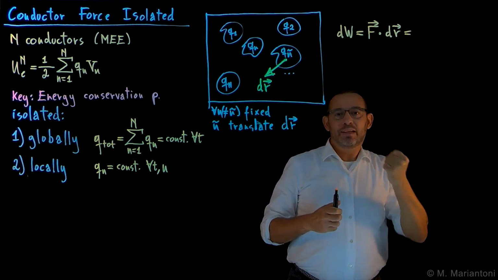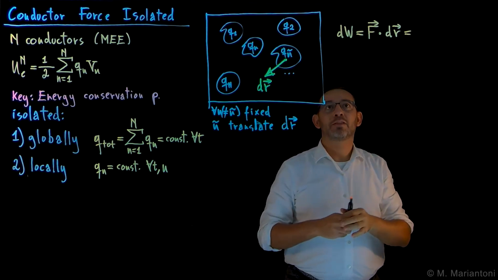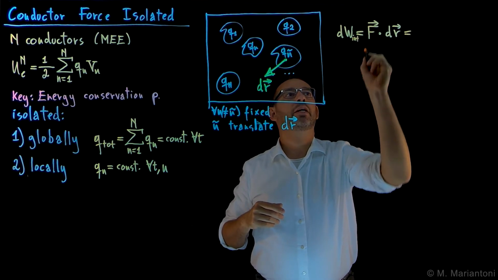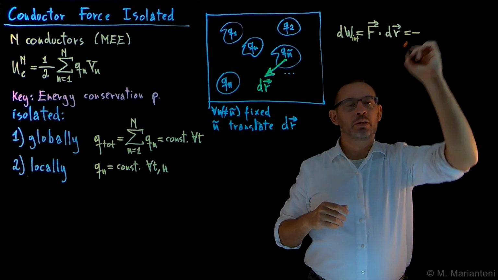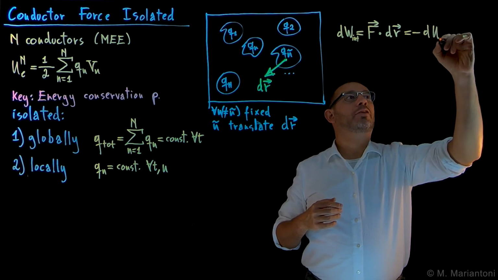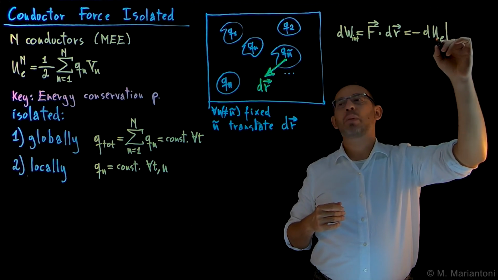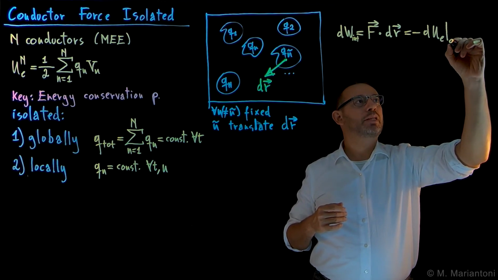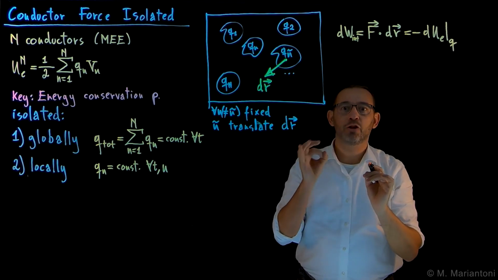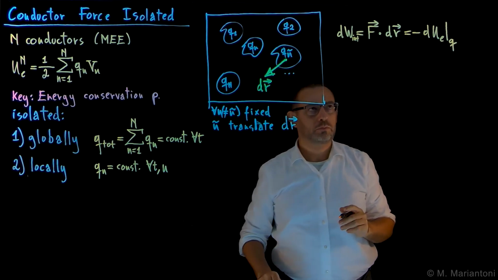So dW of the internal forces has to be minus, because of the definition of UE, the differential of the electrostatic energy. In this case, we also put this bar and write down here as a subscript Q to remind ourselves that all these calculations are done assuming that the charge is constant. In the example, it will be important to remind ourselves this Q.